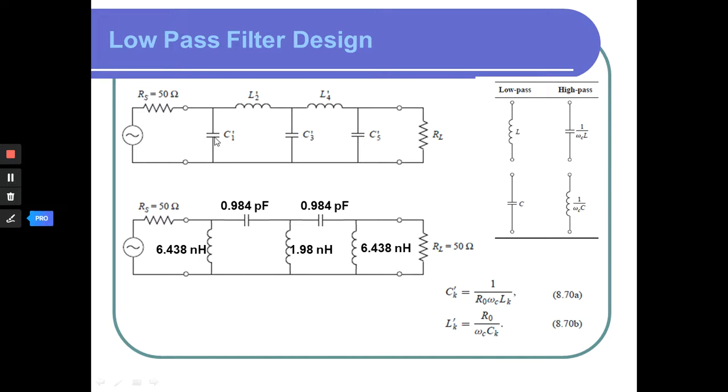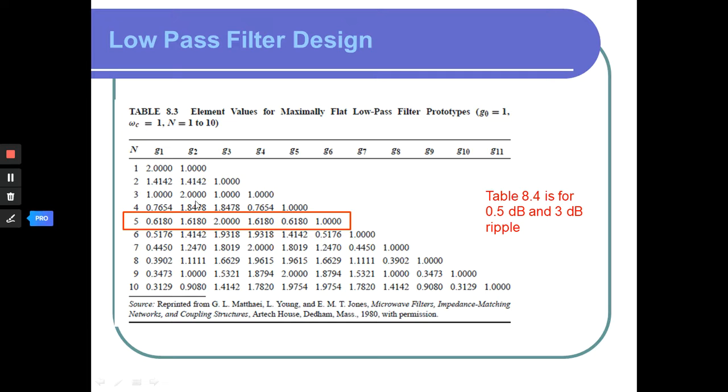So if it's a capacitor, then it becomes an inductor. If it's an inductor, it becomes a capacitor, as it was shown here. So from there, after you change capacitors to inductors and inductors to capacitors and so on and so forth, use these equations with all the G values that we have calculated.